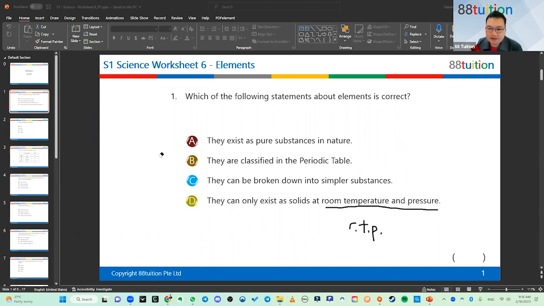The keyword is in nature. When I say in nature, it means happening in nature, not in the lab. So Dina says A. How about Aaron? Does it happen in nature? Aaron, what do you think is the answer?